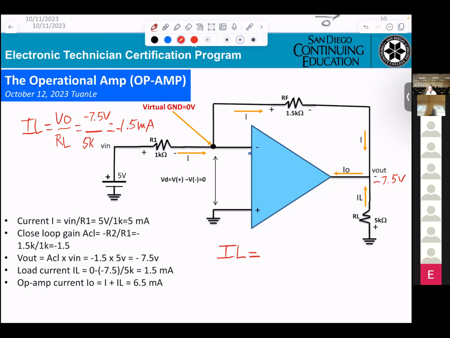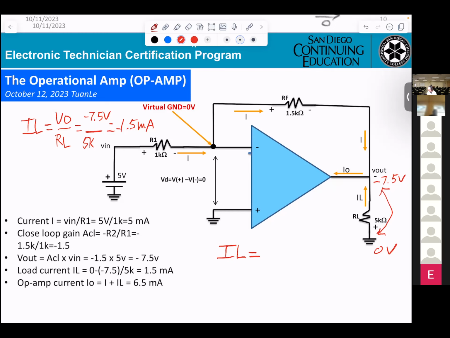Then I'm telling you, IL means the voltage difference here, divided by RL. So you have to calculate the voltage difference here. One side you get 0 volt. The other side you get minus 7.5 volt.